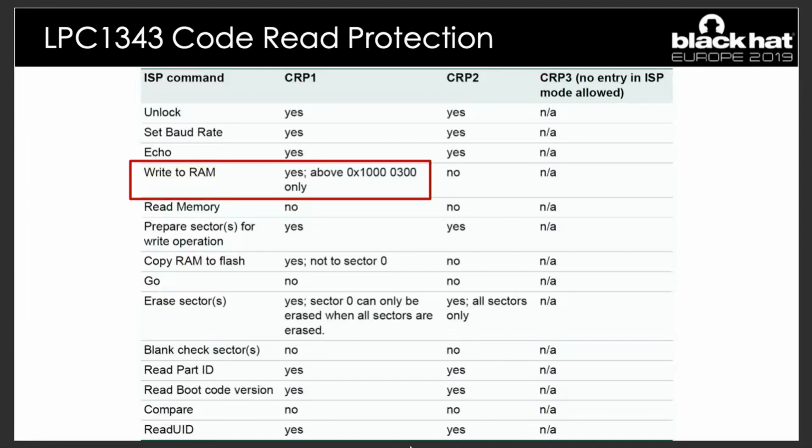So these addresses are basically for code read protection values and bootloader stuff. So it allows you to write inside the RAM, it just needs to protect the bootloader stuff. Also, another thing, the read memory command is not allowed at all, even with the lowest level of protection.